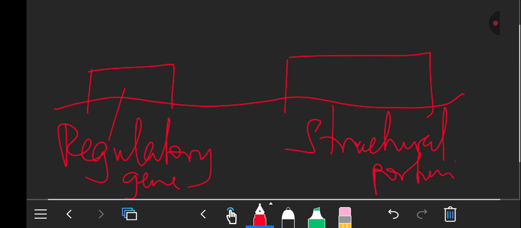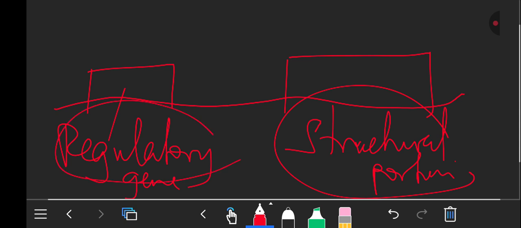One thing I want us to appreciate here is that the structural gene is the one which forms those enzymes, the enzymes which are involved in gene expression. That is very important for us to understand.